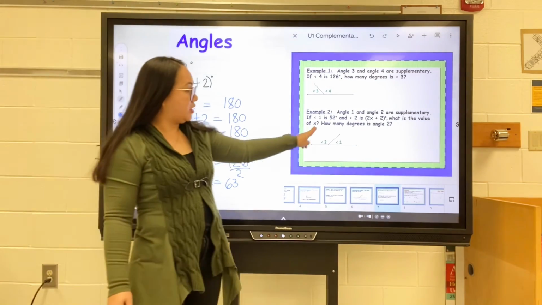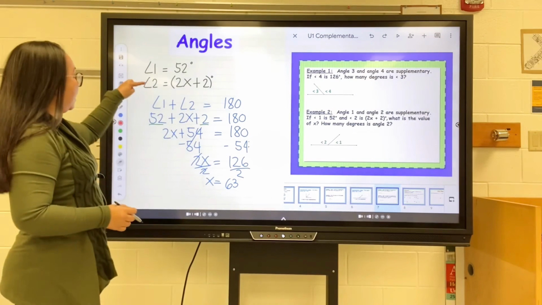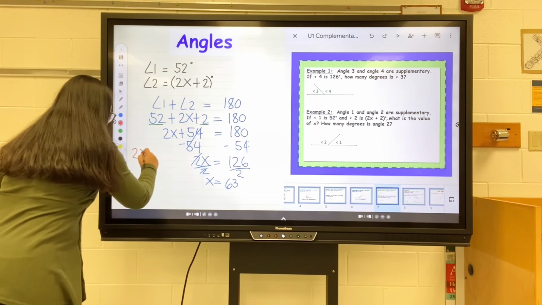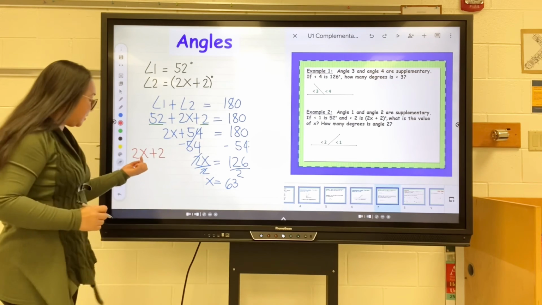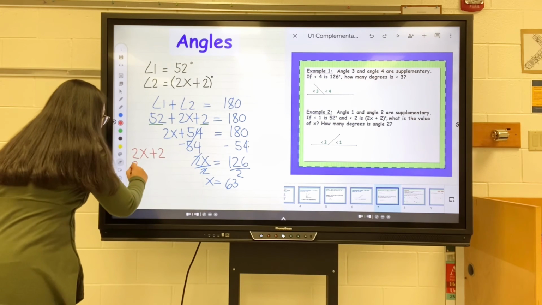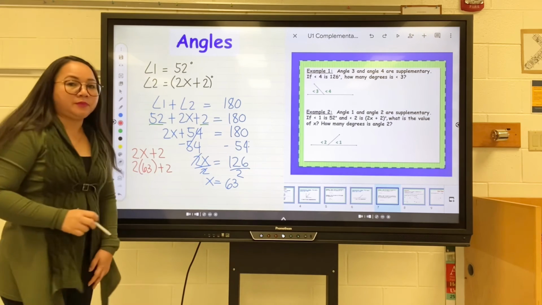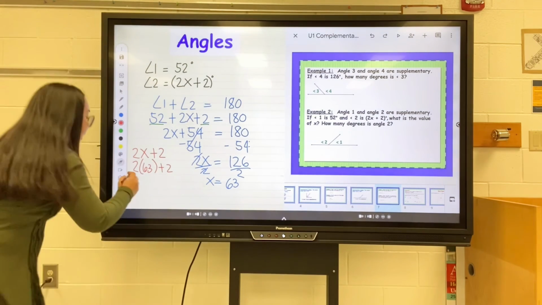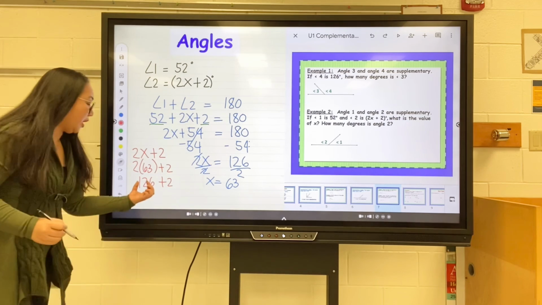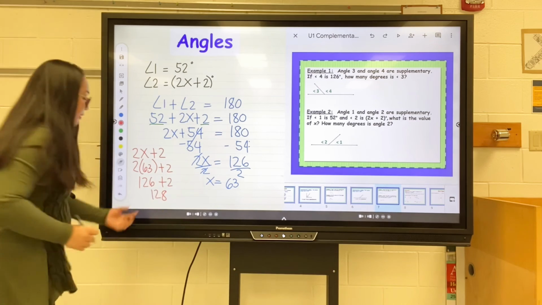And then the next question, how many degrees is angle 2? Now we know that angle 2 is 2x plus 2. So substitute the value of x, which is 63. So 2 times 63 plus 2. 2 times 63 is 126 plus 2, so 126 plus 2 is 128.